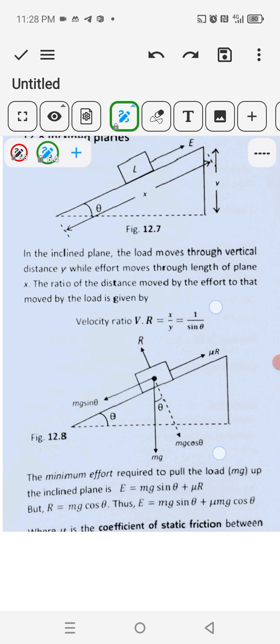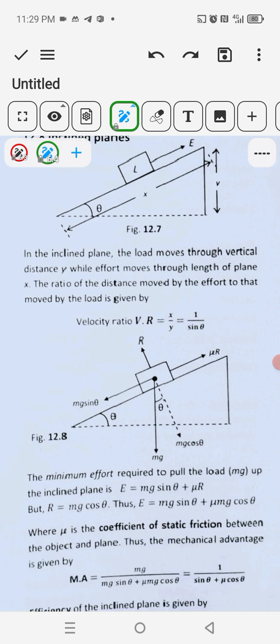Now the next thing to note is, what if there is friction? If there is friction, this object is going up, they are pulling it up like this. That means friction will be acting backwards like this. Friction opposes motion. Because this object is on an inclined plane, the weight will not act vertically straight like this.